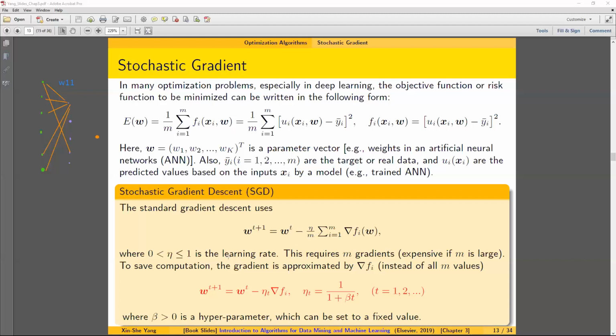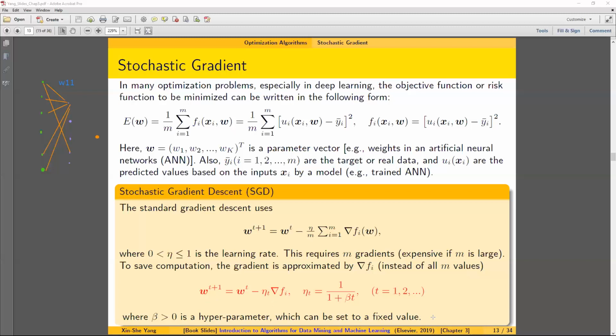And here, this is the learning rate, and it requires m gradients, expensive if m is really large. And then to save computation, the gradient is approximated by 1 instead of m values. And then this would be simplified in this relationship, and the beta larger than 0 is a hyperparameter, which can also be set to a fixed value.